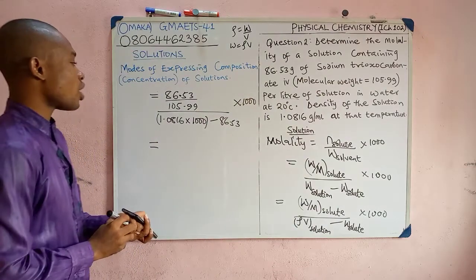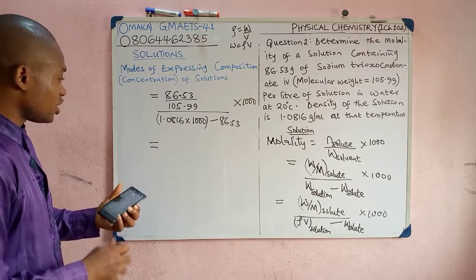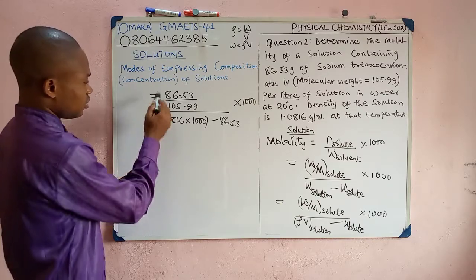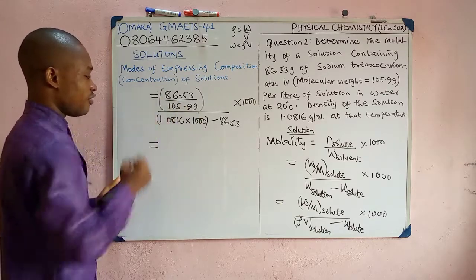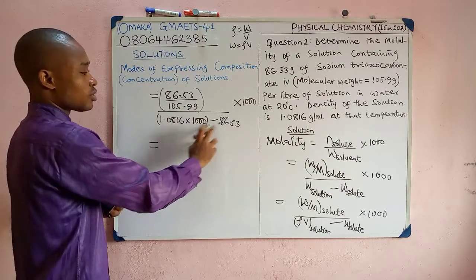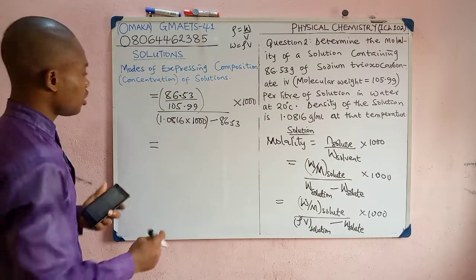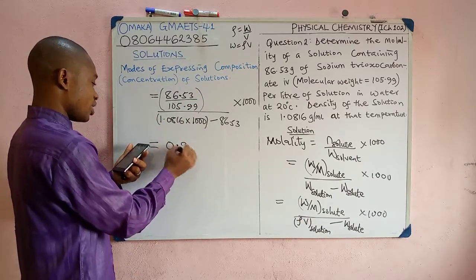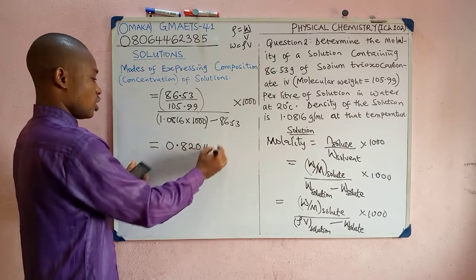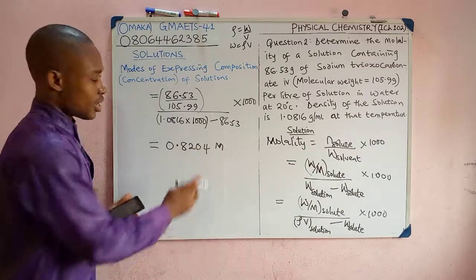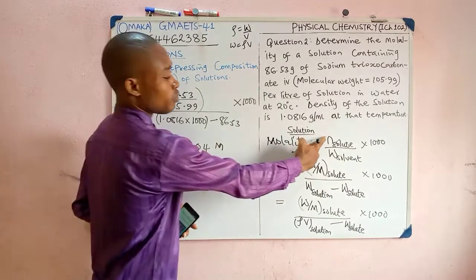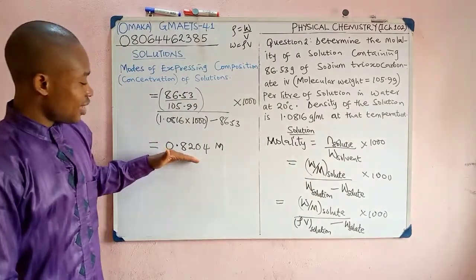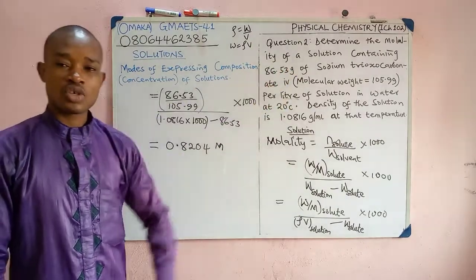Now, if you work out the numerator and the denominator, what are we going to get? Divide this numerator by what you have in the denominator, you're going to get 0.8204. This term here represents the number of moles per weight, that is moles per gram. And this is the molality of our solution in this problem.